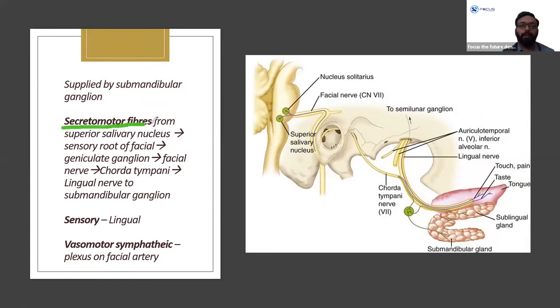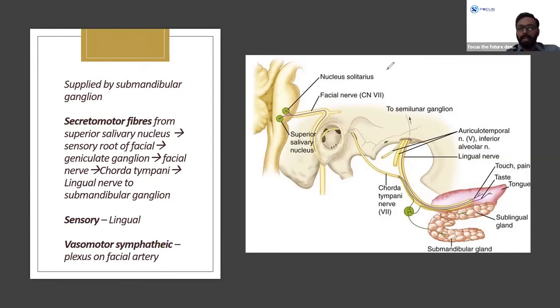Secretomotor, by name itself, means it is going to give the motor supply by which the secretions are made possible. Then sensory, and then vasomotor sympathetic fibers. These are the main nerve supply of your submandibular gland.